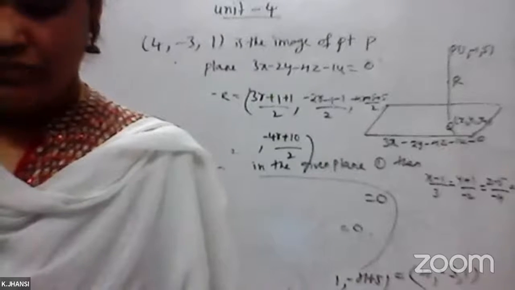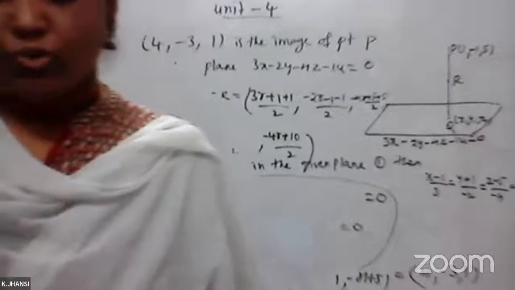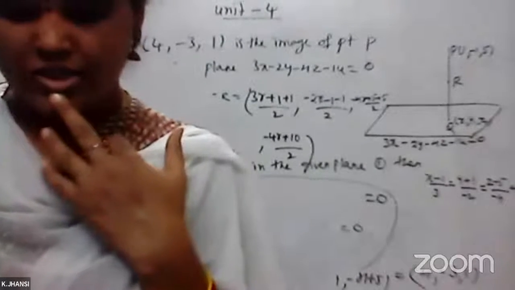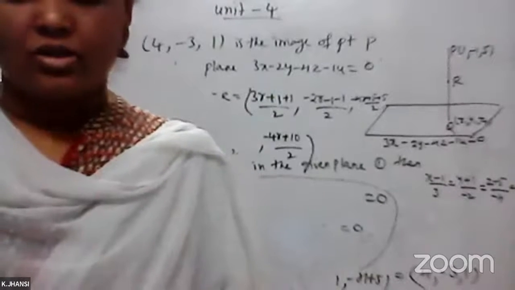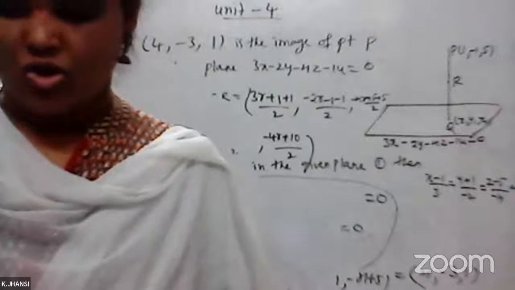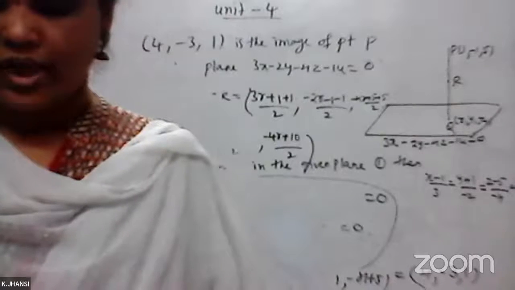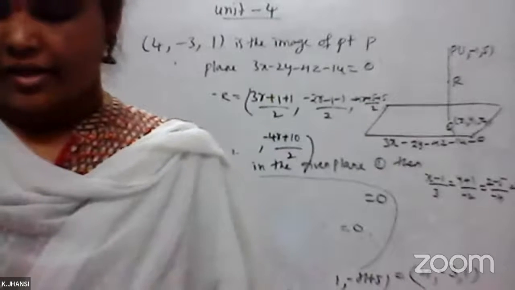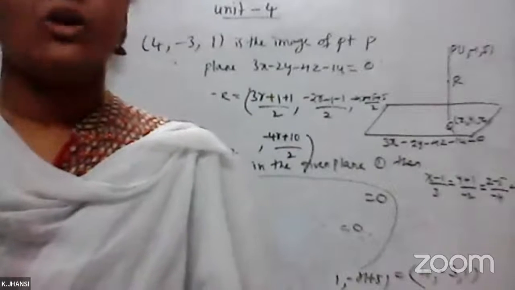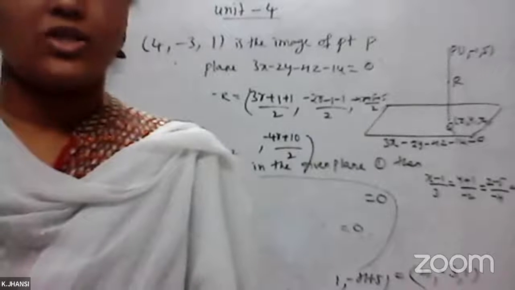And next is unit 5. We have the concept of skew lines and the shortest line segment between two skew lines. Skew lines are two lines which are not intersecting, and depending on that we have the shortest line segment.